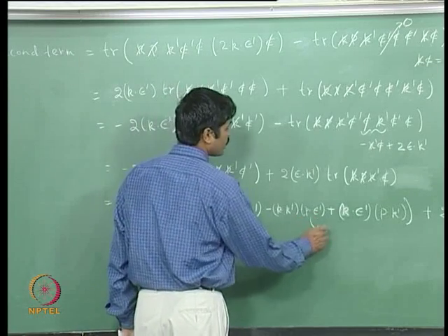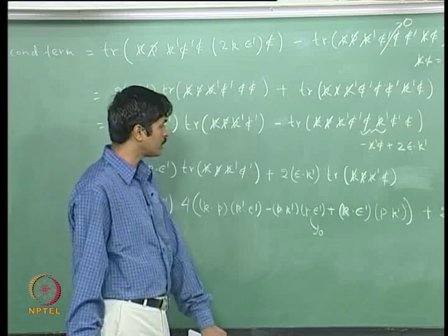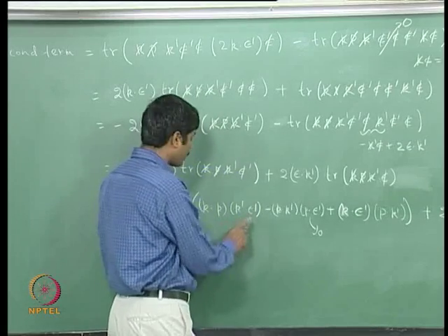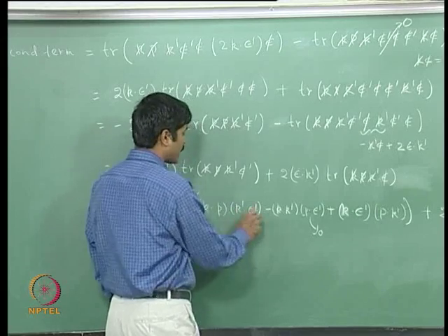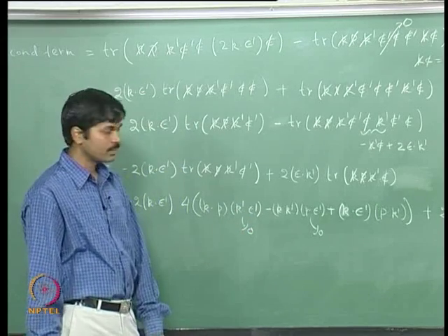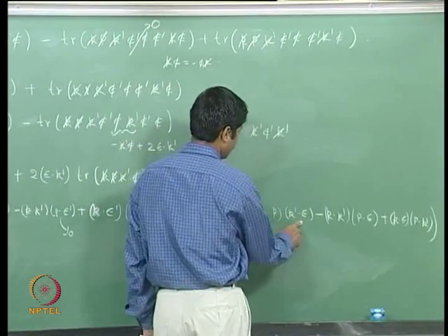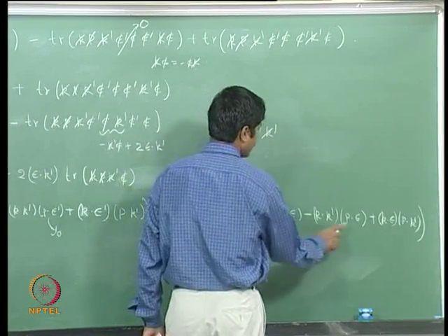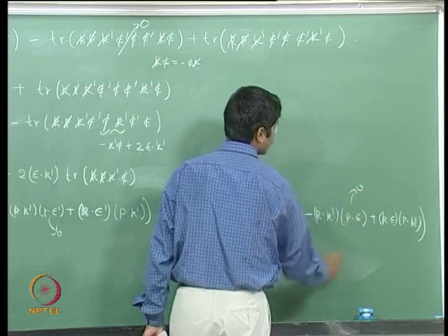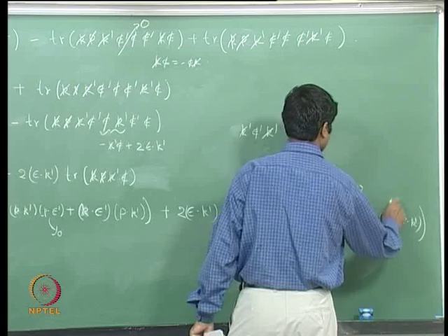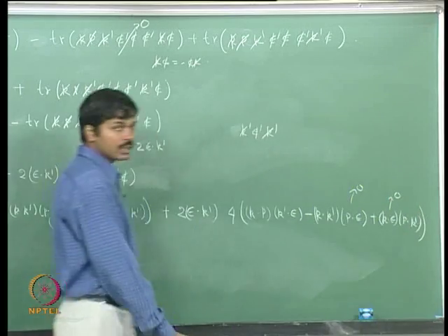Therefore, this term here is 0 because p dot epsilon prime is 0, and here because the photon polarization is transverse, k prime dot epsilon prime is 0. Now, here similarly this term survives, but p dot epsilon is 0 and k dot epsilon is again 0 because the photon polarization is transverse.